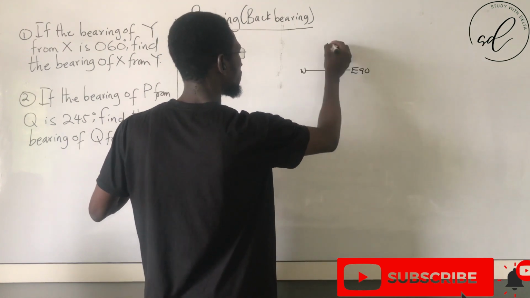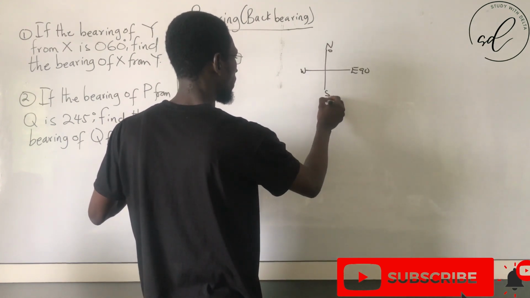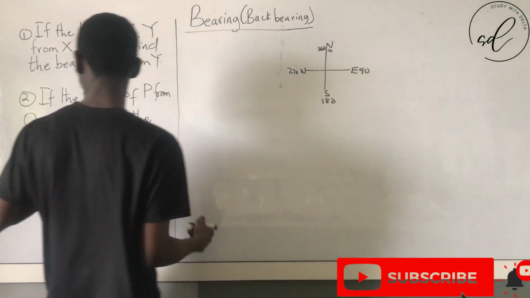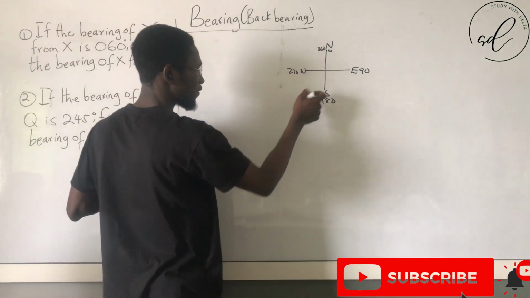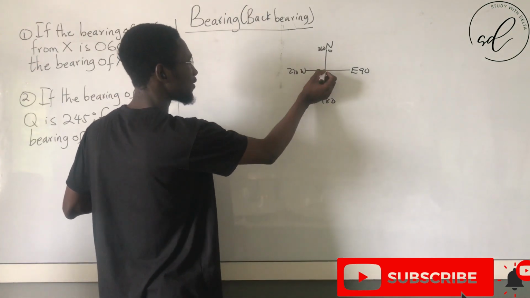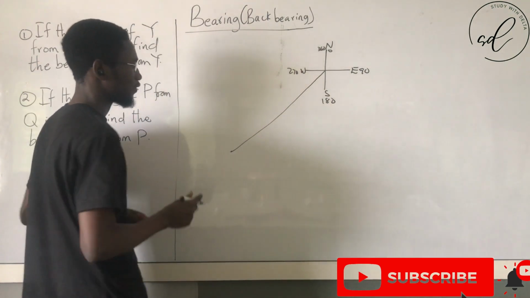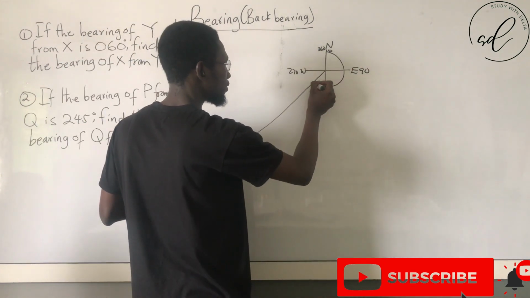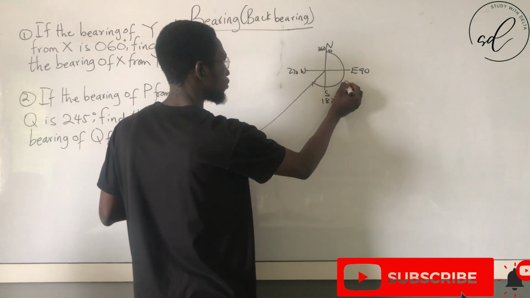This is 90, this is 0, this is 180, this is 270, this is 360. It's 247, so we know 247 will be in between 180 and 270. So we put this over here.